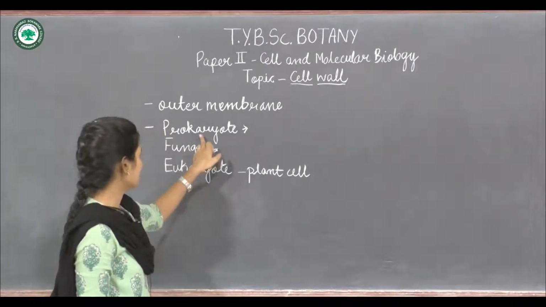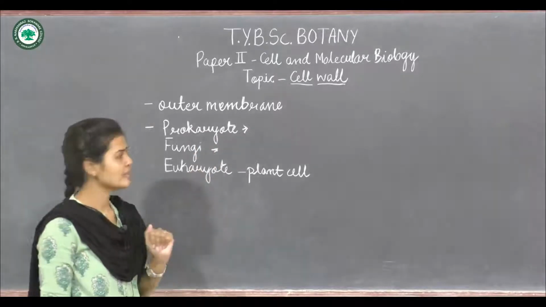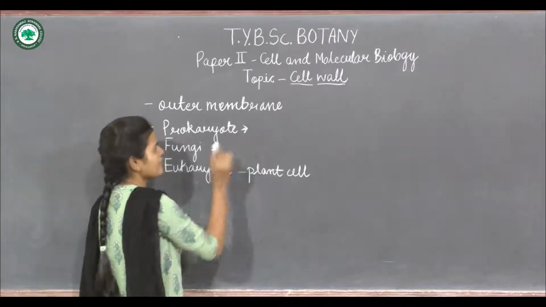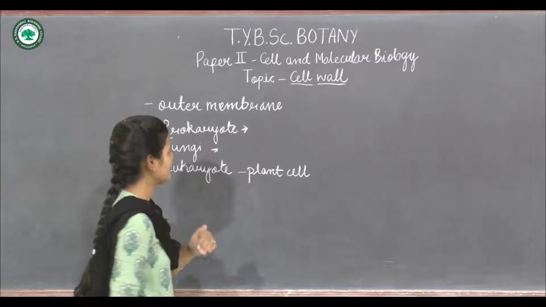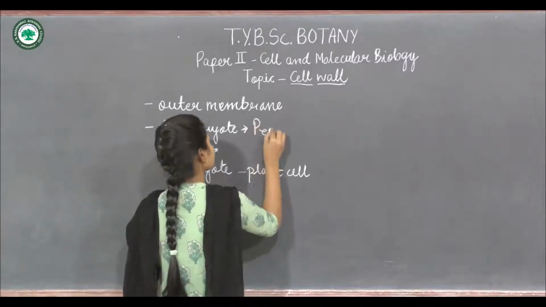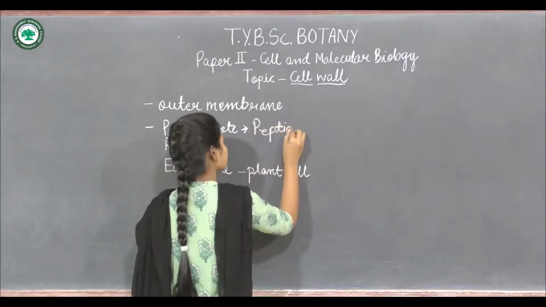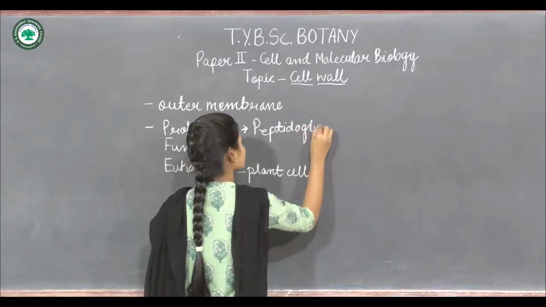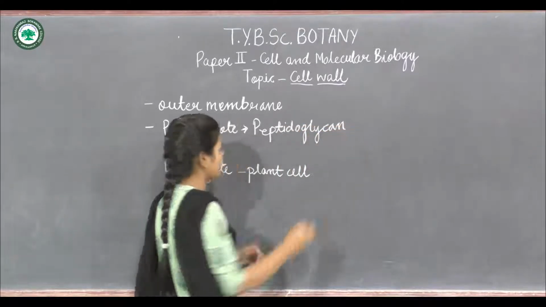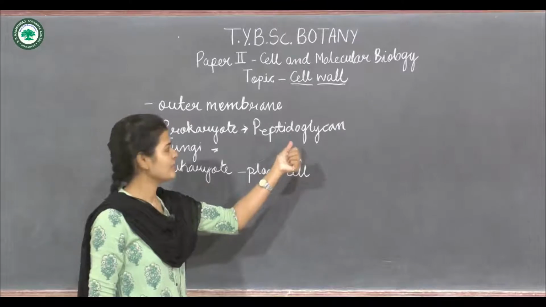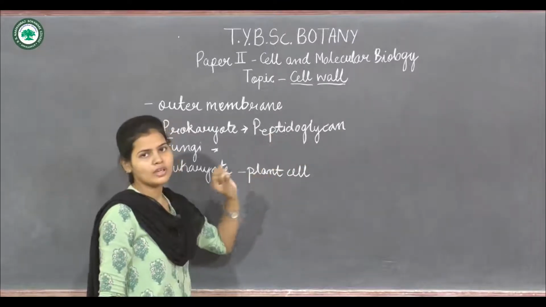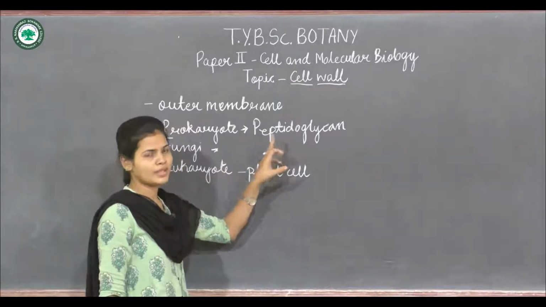The prokaryotic cells have peptidoglycan, which forms the cell wall composition. It consists of peptidoglycan.